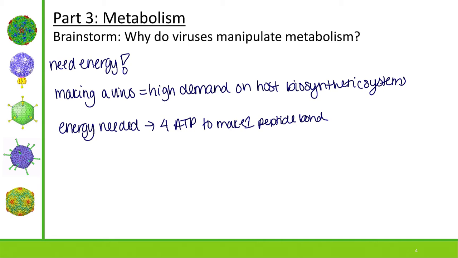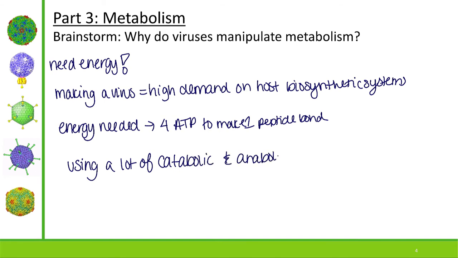And of course, we are using a lot of both catabolic and anabolic pathways. Catabolic pathways are going to be breaking down things like glucose, like in the case of glycolysis, and obtaining the energy stored in those chemical bonds.